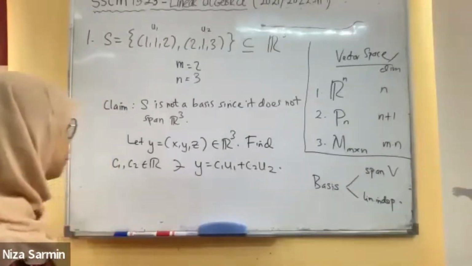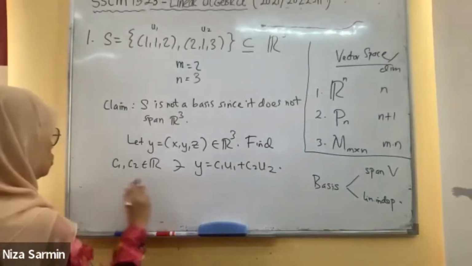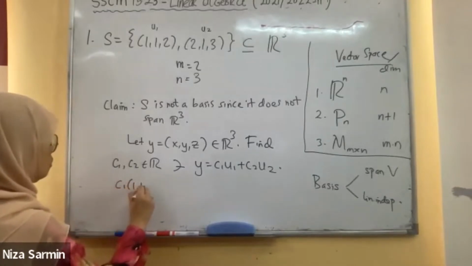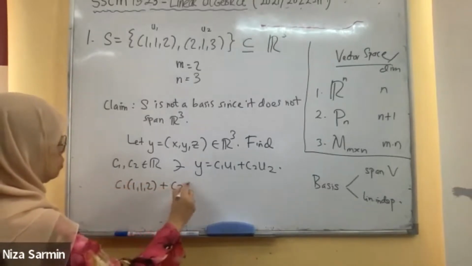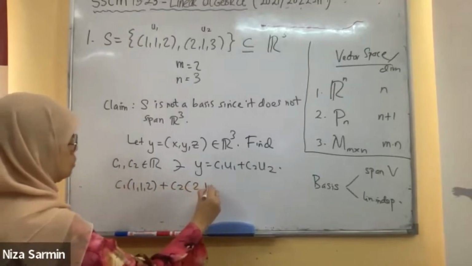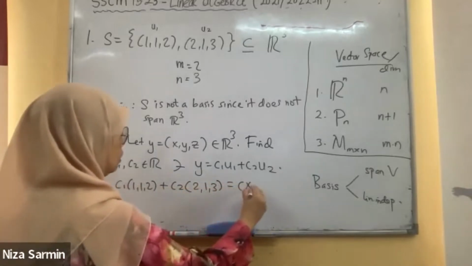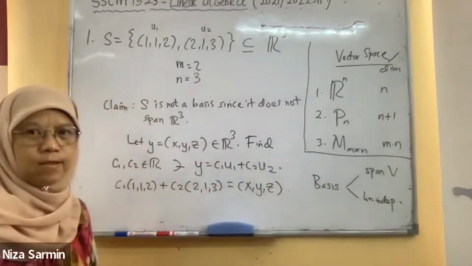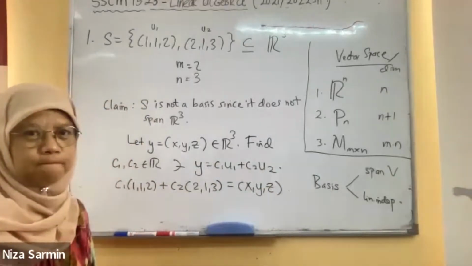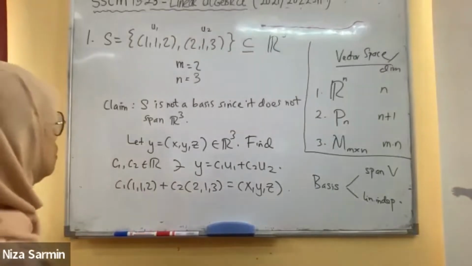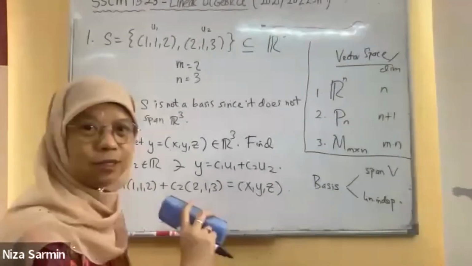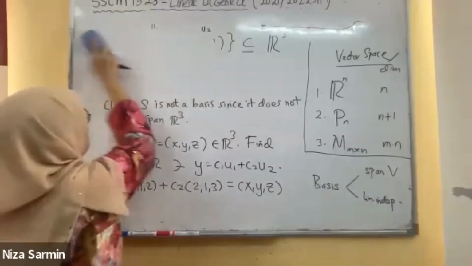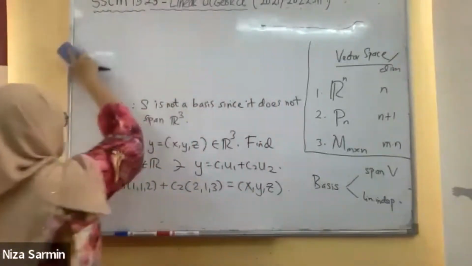Okay, just solve this. So you will write C1 (1, 1, 2) plus C2 (2, 1, 3) equal (X, Y, Z). I erased the question, yeah? Not enough space. Okay.